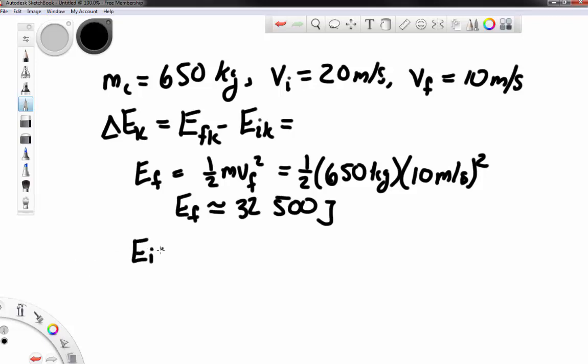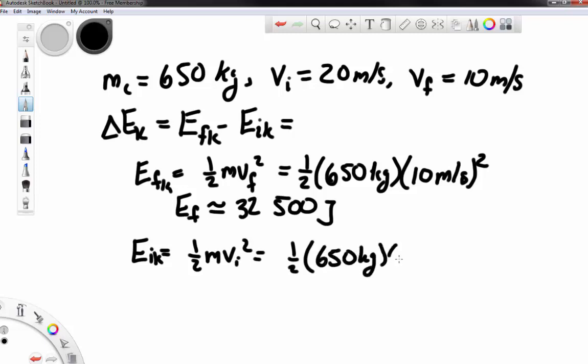To do that, these are both kinetic, we use 1/2 m v initial squared. So that's 1/2 times 650 kilograms times 20 meters per second, and that thing's squared.